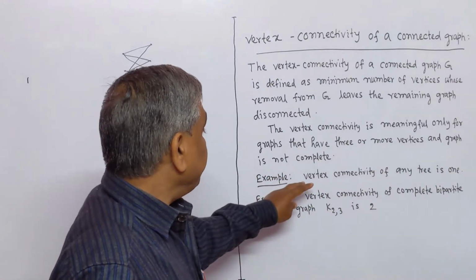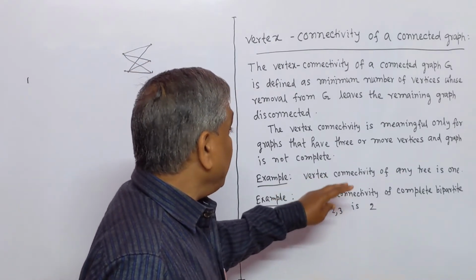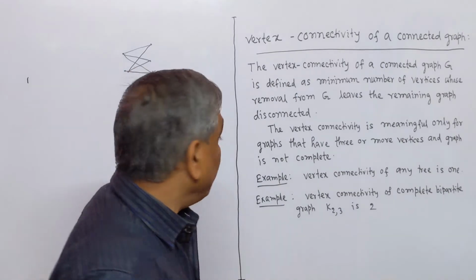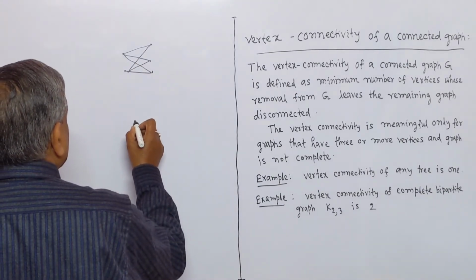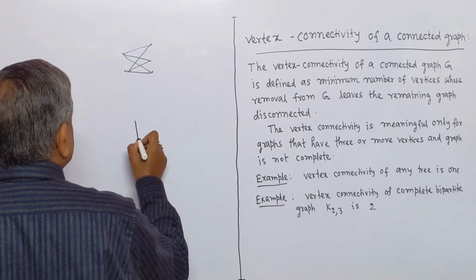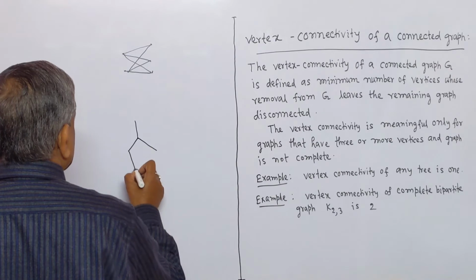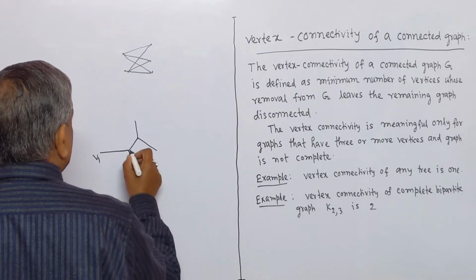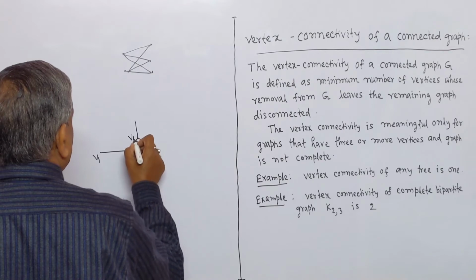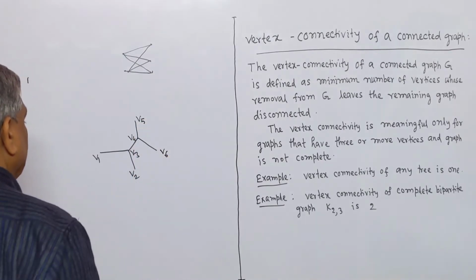Now we give some examples. Vertex connectivity of any tree is 1. Let we have a tree. Here V1, V2, V3, V4, V5 and V6 are vertices of the tree.